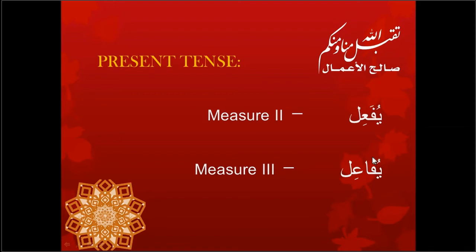And again, it has how many syllables? 3. Yufa'il, yuqatil, yudarib has 3. Remember, measure 1 had 2. Yaqtal. And so when you hear that, you can definitely tell that we're dealing with one of these 2 measures. Now they are going to sound fairly similar, but you know it's not measure 1.